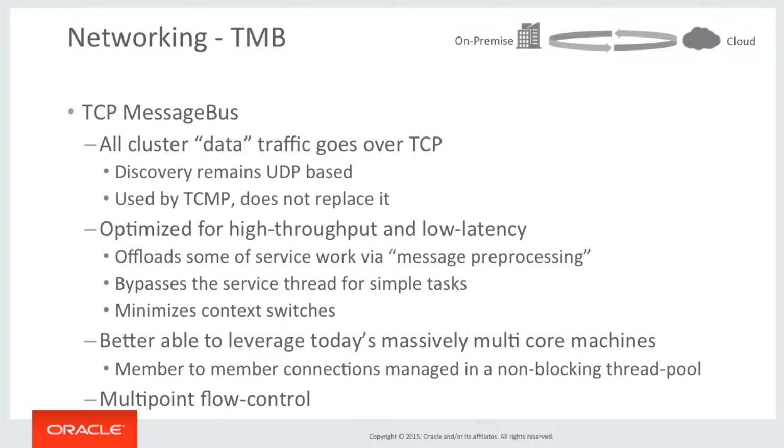And this is a key feature in being able to move away from using multicast for data transmissions. With multicast clusters, multi-point transmissions were quite efficient because a single send could satisfy multiple members. With TCP-based clustering, we have to do distinct sends to each of the target members, and it becomes important that those transmissions are flow controlled. TMB offers us that.